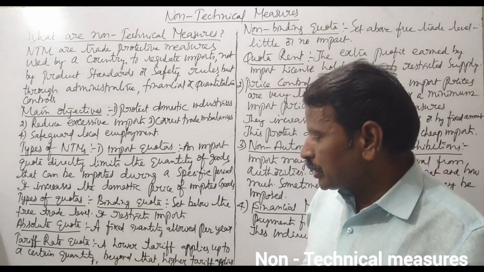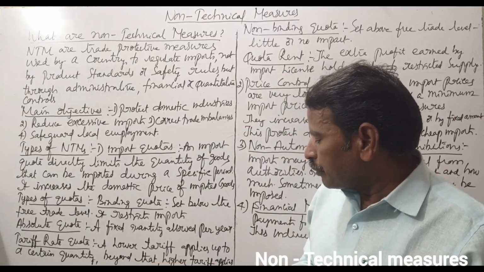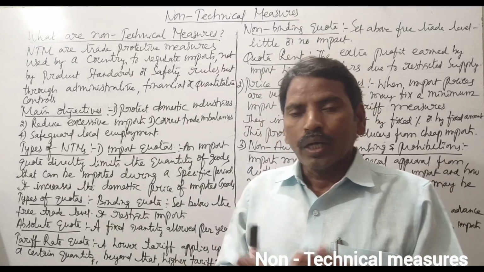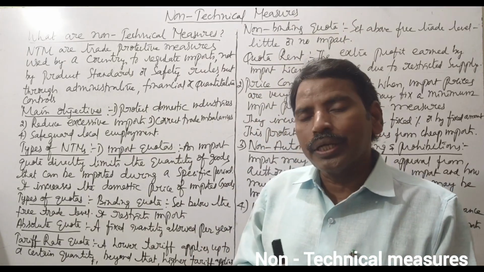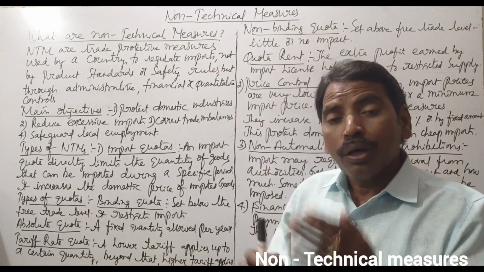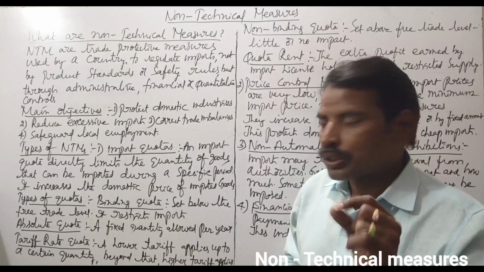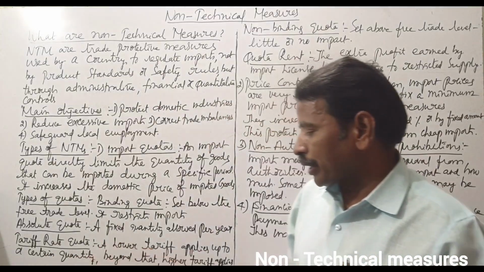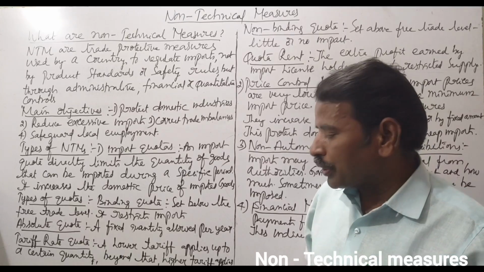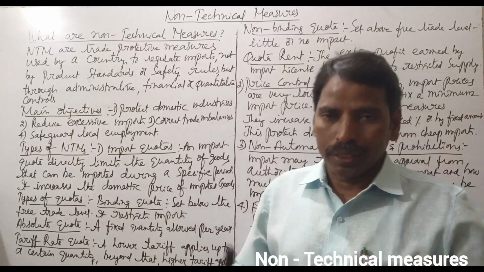Tariff rate quota means a lower tariff applies up to a certain quantity. Beyond that quantity, a higher tariff is imposed. That is called tariff rate quota.